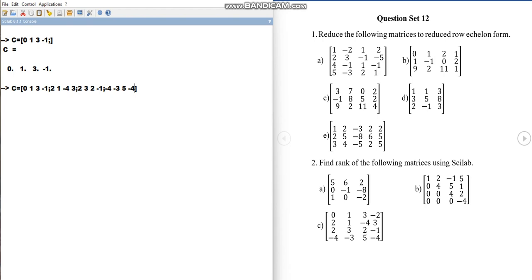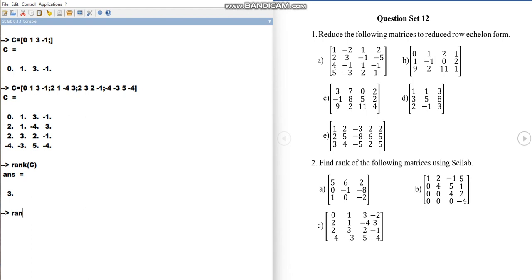So these are the entries: 0, 1, 3, minus 2, 2, 1, minus 4, 3, 2, 3, 2, minus 1, minus 4, minus 3, 5, minus 4. This is a matrix of order 4 by 4, and the rank of C is 3. That means only 3 columns will have a pivot position.